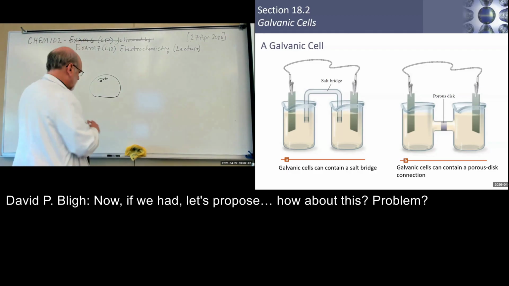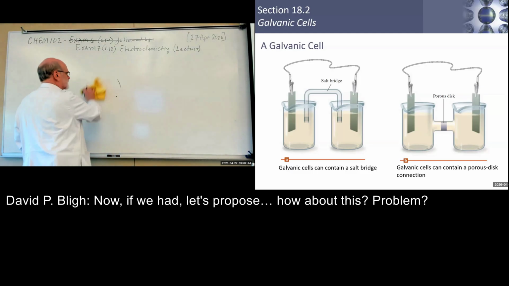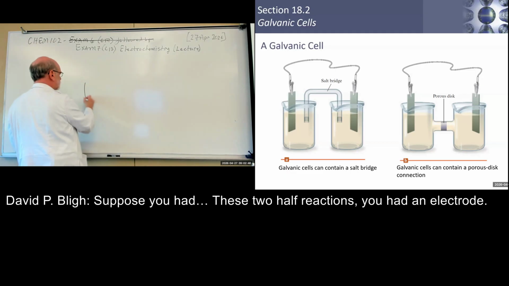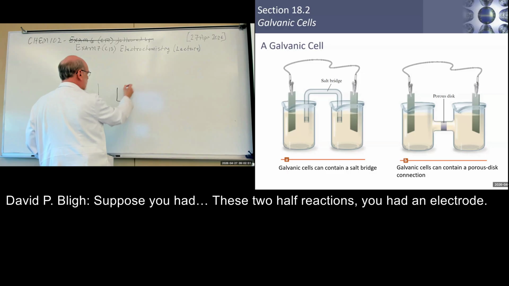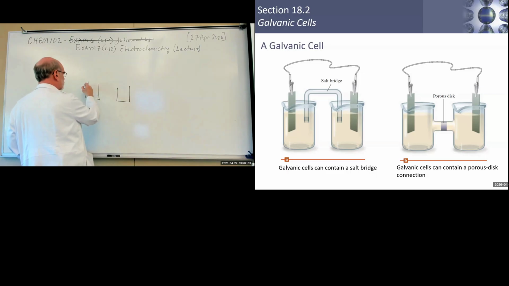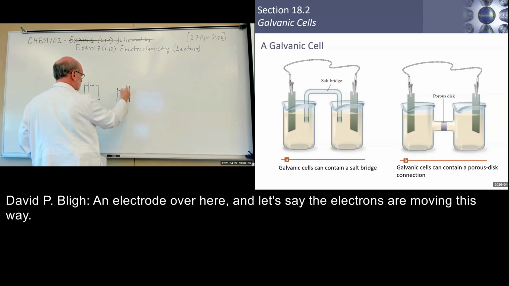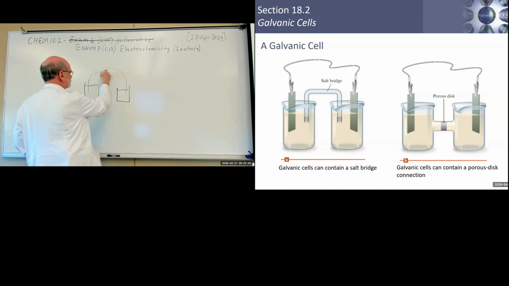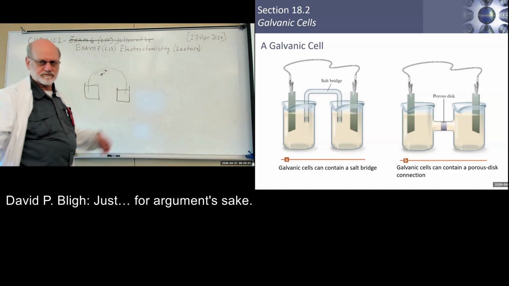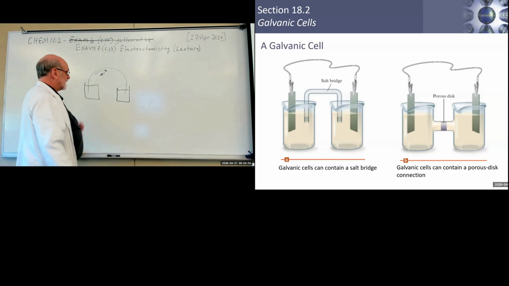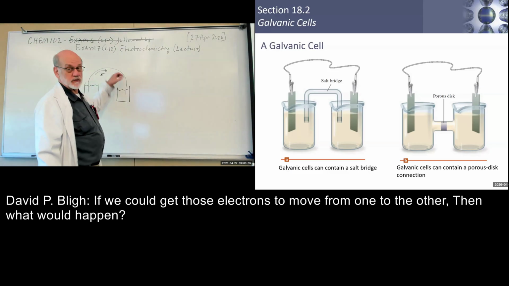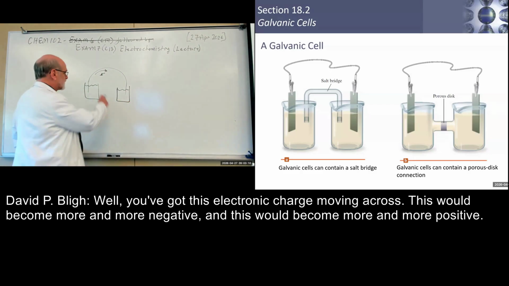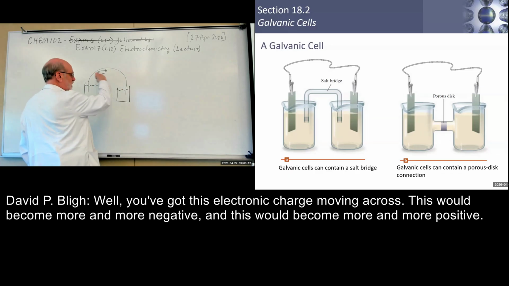Now, let's propose a problem. Suppose you had these two half reactions. You had an electrode over here, and let's say the electrons are moving this way, just for argument's sake. If we could get those electrons to move from one to the other, then what would happen? Well, you've got this electronic charge moving across.